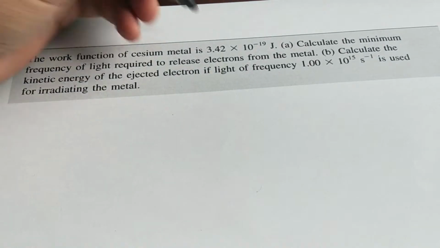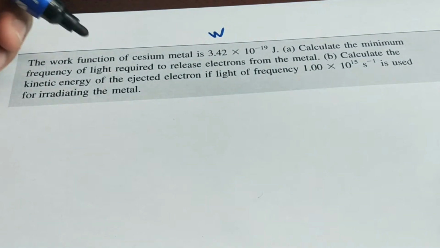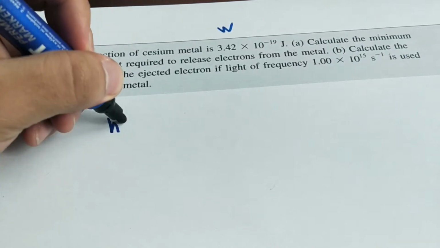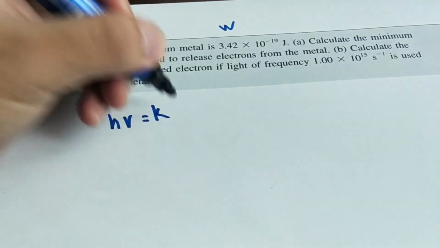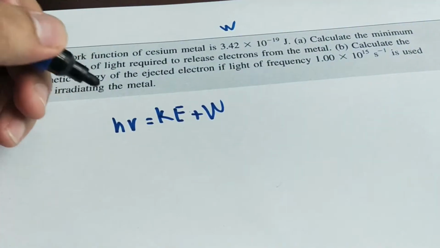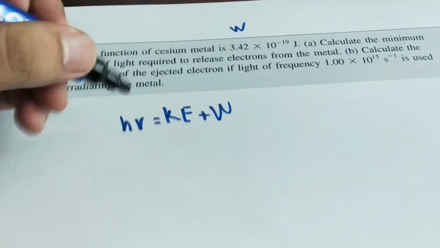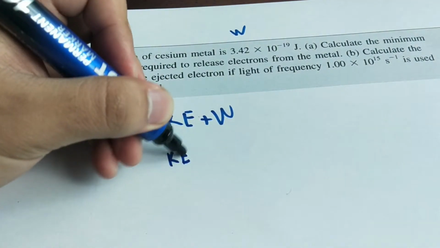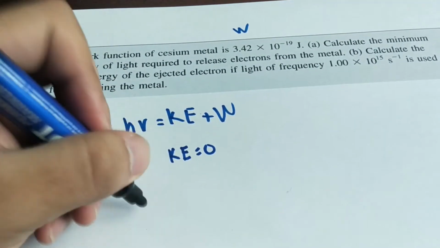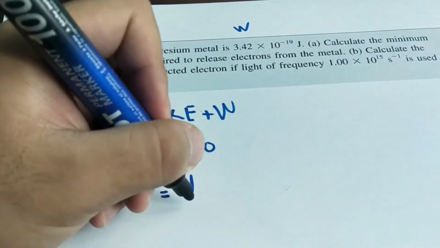This is the work function, which is W. The original formula is hv equals KE plus W. In this question, we are looking for v, and KE is not stated, so KE is 0. h is the Planck constant, so v equals W over h.